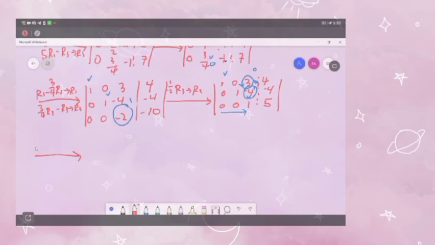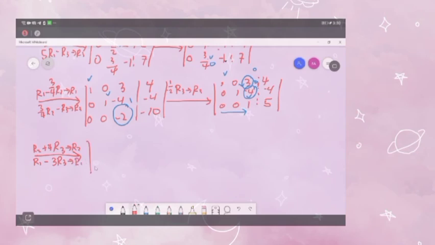Okay, so let's do this. R2 plus 4R3, put it in R2 and R1 minus 3R3 and put it in R1.